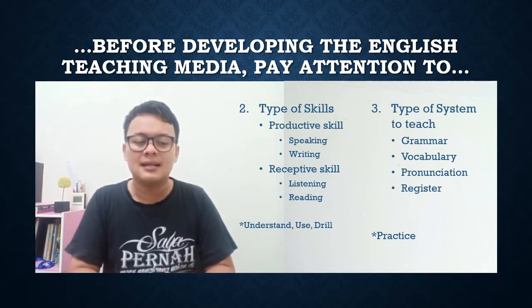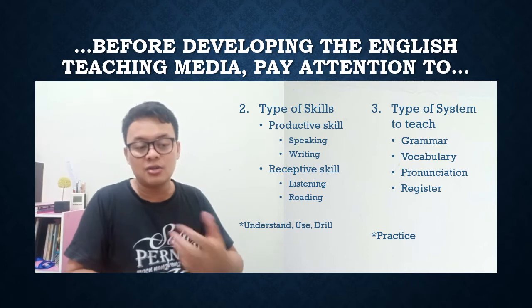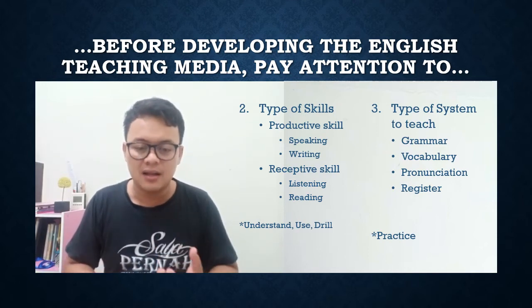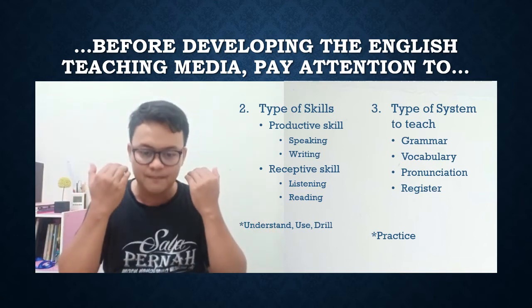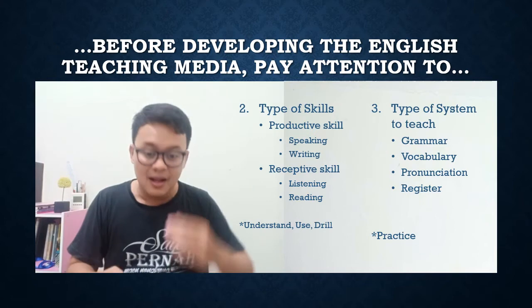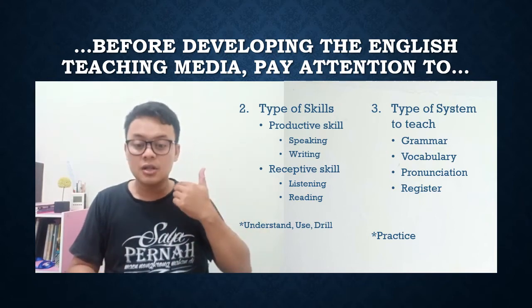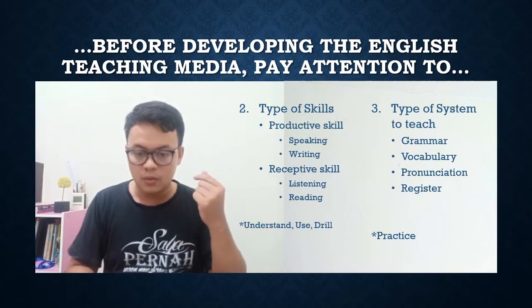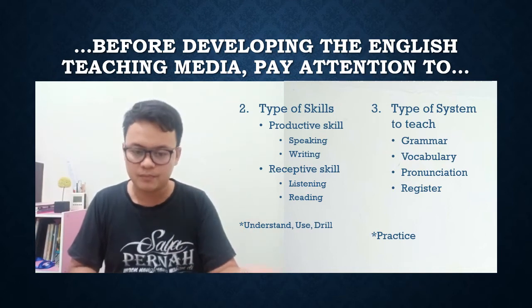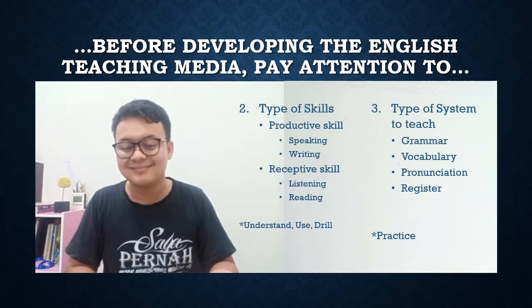And then there are two skills that we call receptive skills. Receptive skill is the skill to accept the language, right? It can be like listening. People talking, then you listen, you receive whatever that person is saying, for example. Or reading, right?